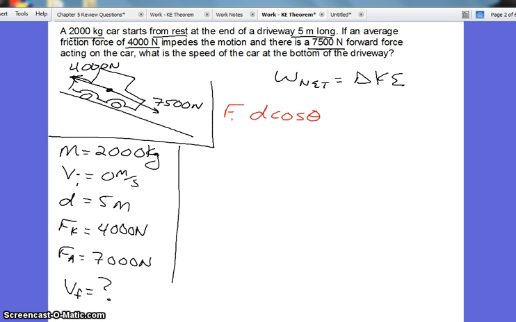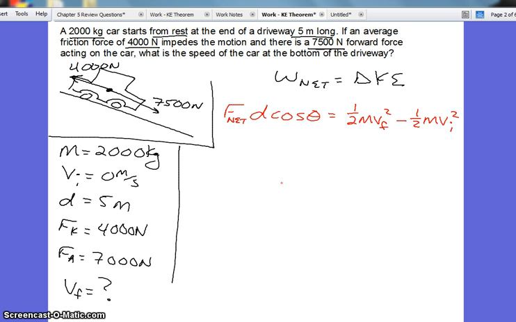And if it's the net work, that means it is the net force, meaning the total force acting on the car. The change in kinetic energy, well, kinetic energy is 1/2 mv squared. And if it's the change, it means to subtract the initial from the final. It's always the final minus the initial, and that's important.